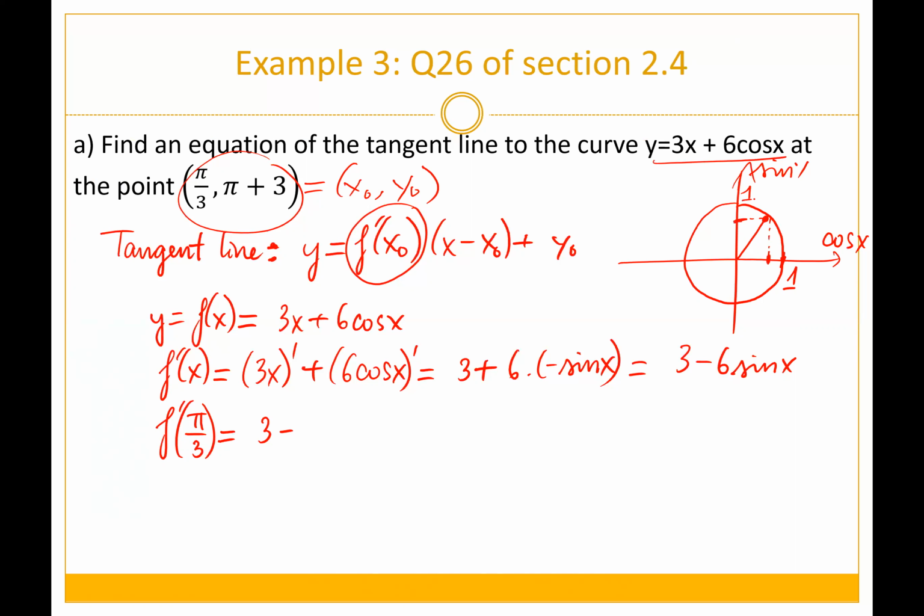This is one here. You also have a table at the end of the book, I think in the appendix, where you can find the sine and cosine of special angles. We have a small table for that at the end of the book. And so you're going to know that this one is square root of 3 over 2.